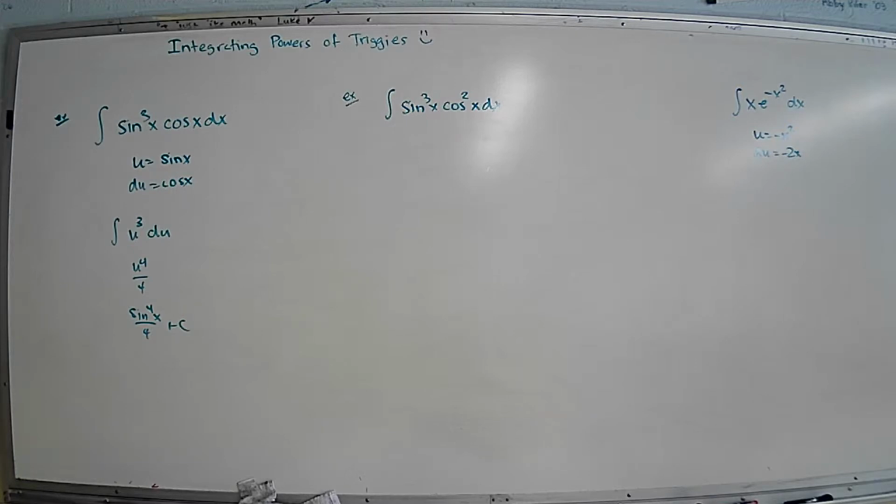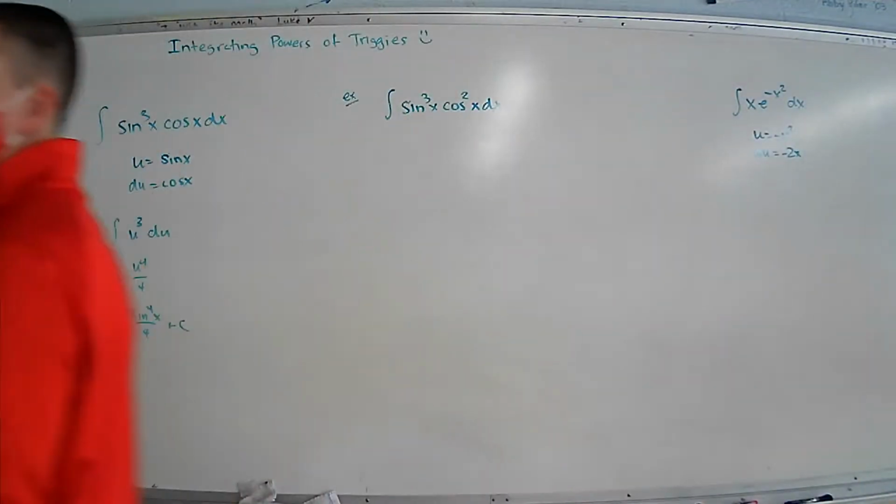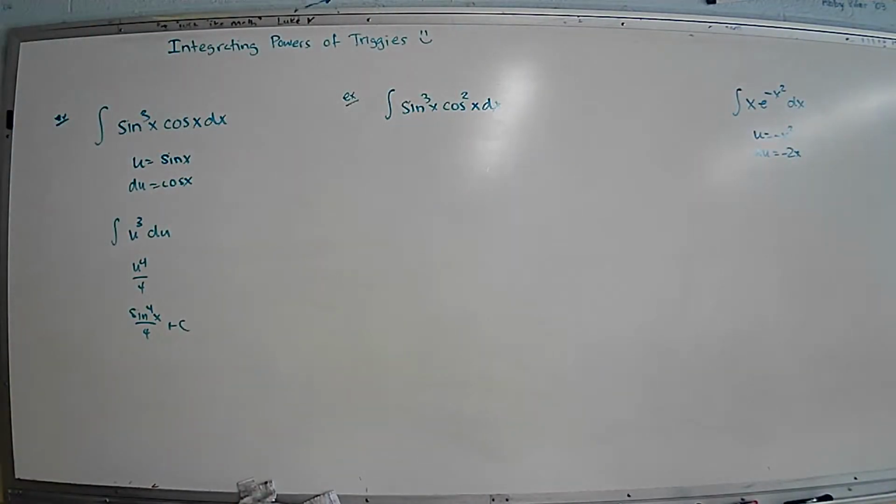Now, why is that problematic when it comes to doing this as a u sub? Billy, what were you going to say? There's an extra cosine, right? du is cosine, not cosine squared. And I don't think we've ever done anything with du squared before, that ain't gonna fly.